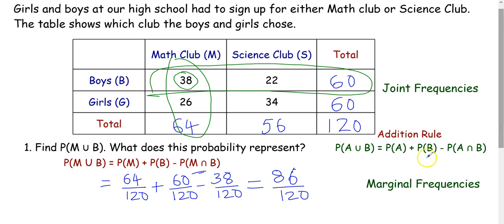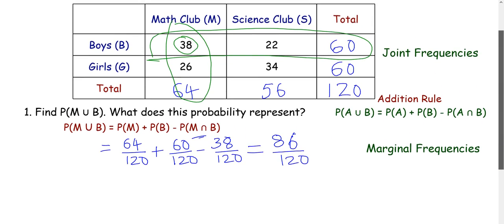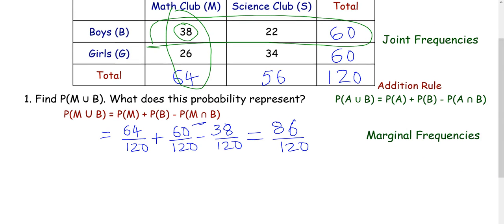Or you can just put these three fractions in your calculator. You will get the simplified form of your answer: 86 over 120 is nothing but 43 over 60.